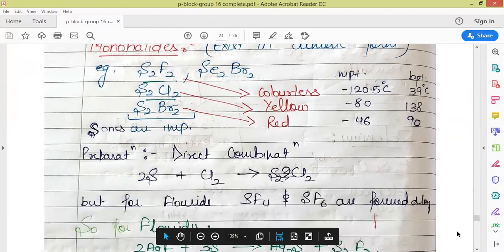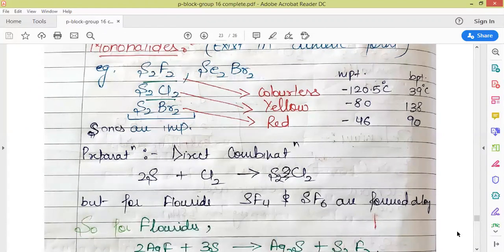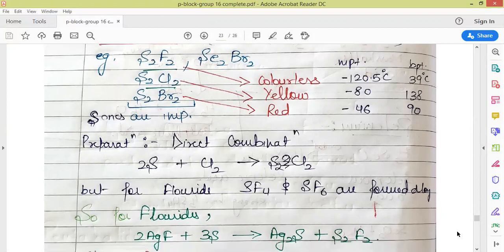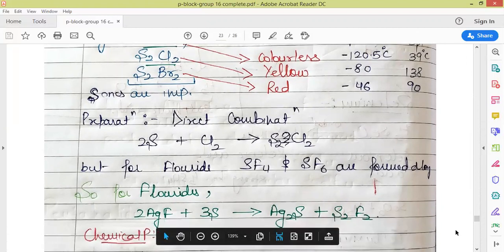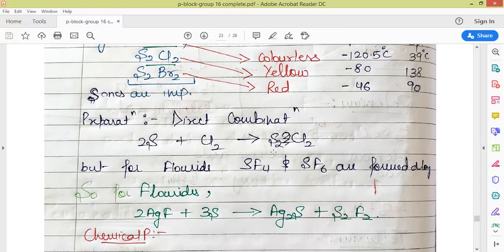Monohalides are generally prepared by the direct combination of the group 16 element plus the corresponding halogen. Here we have shown the direct combination of sulfur and chlorine to give S2Cl2. But for fluorides, the reaction doesn't stop there, and we get the corresponding tetrafluoride or hexafluoride if we try to combine them directly.